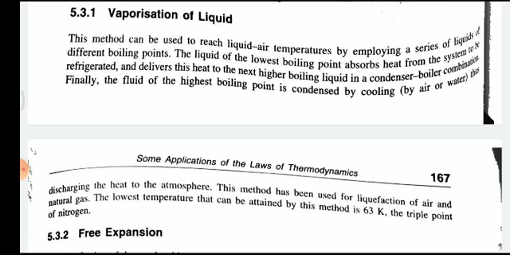The liquid of the lowest boiling point absorbs heat from the system to be refrigerated and delivers the heat to the next higher boiling liquid in a condenser-boiler combination. So the fluid of the highest boiling point is condensed by cooling with air or water.